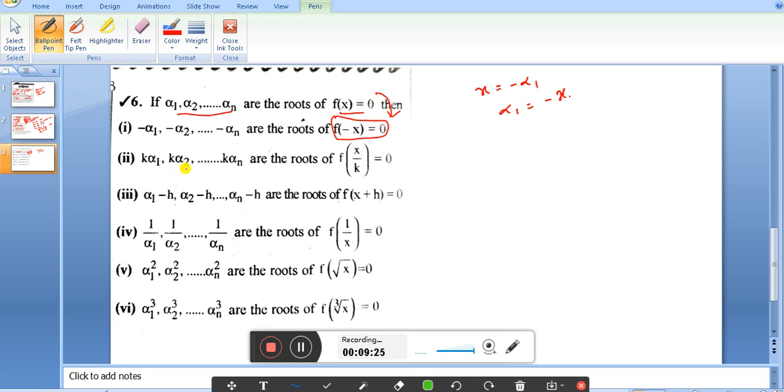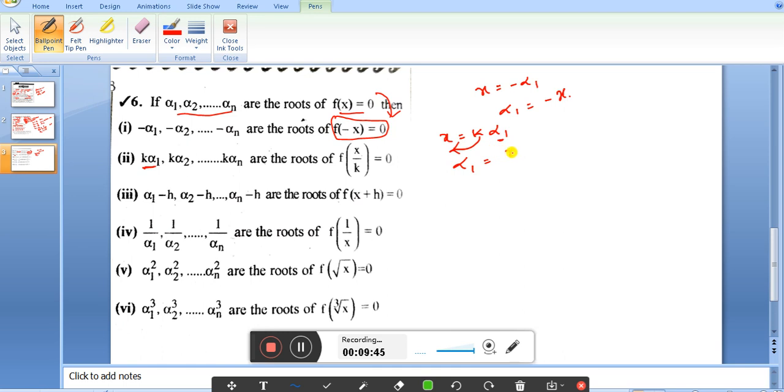If the roots of the polynomial are k times, then what is the resulting polynomial? Let me take x equals k alpha 1, but we need alpha 1, so alpha 1 equals x by k, k should be sent to the left side.